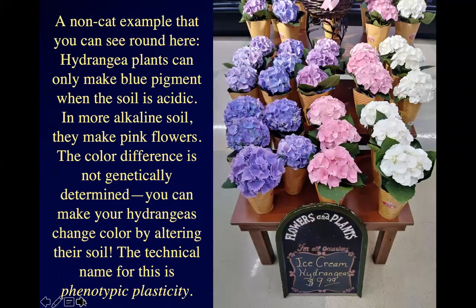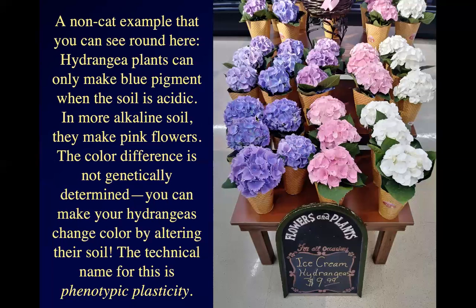So yeah, nice example of this that you could see in any garden store in spring, or even in the supermarket in spring. And if you think about it, human skin color is kind of like that as well, because it's influenced by a bunch of genes, but it's also influenced by the environment, namely how much time you've been spending in the sun or hitting the tanning bed, right?